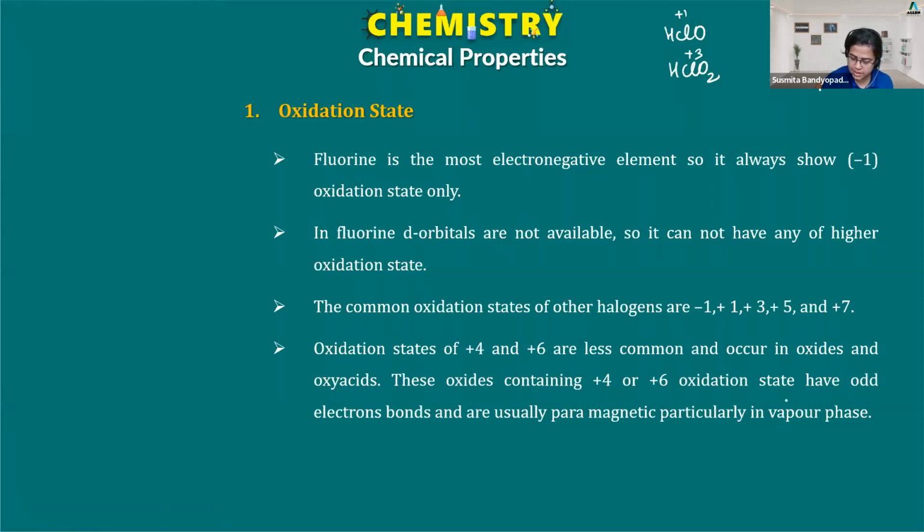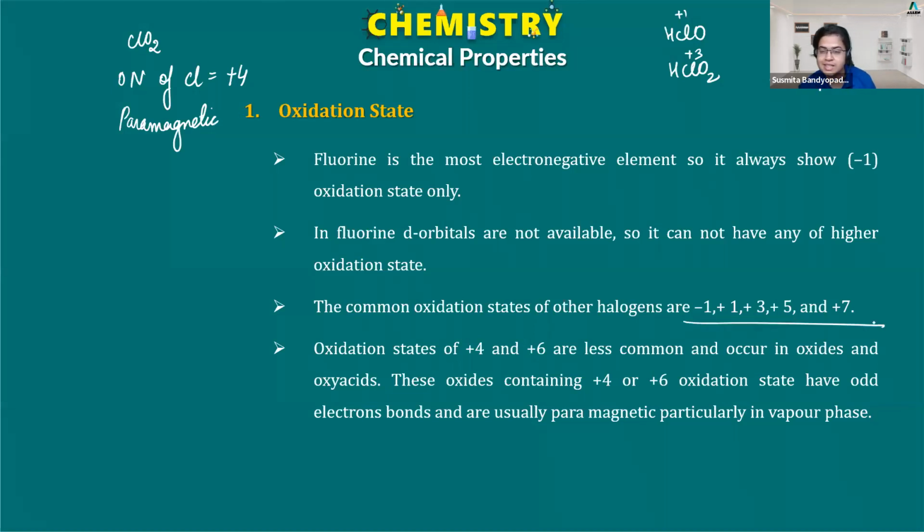The oxides containing +4 or +6 oxidation state have odd electron bonds and are usually paramagnetic in vapor phase. ClO2, oxidation number of chlorine +4, and it is paramagnetic. These are the usual oxidation states except for fluorine, which exhibits only -1 because it's the most electronegative element.